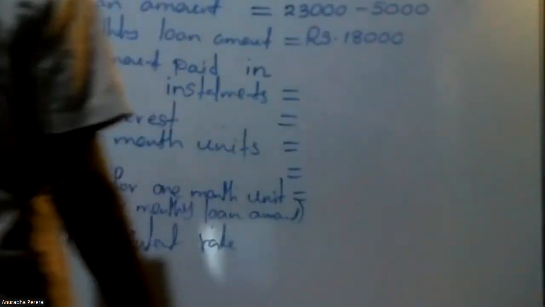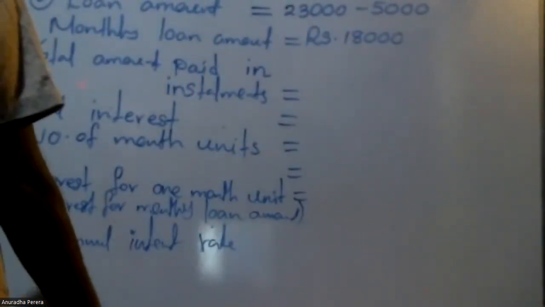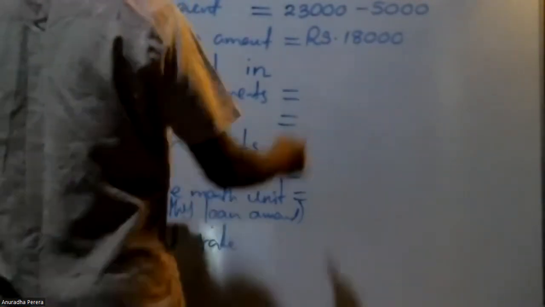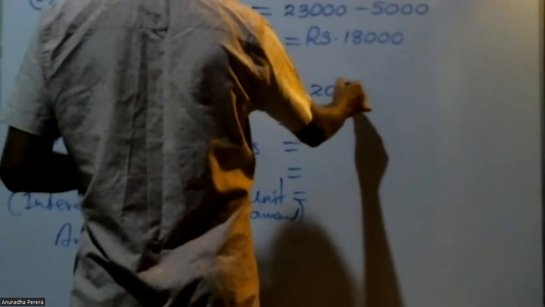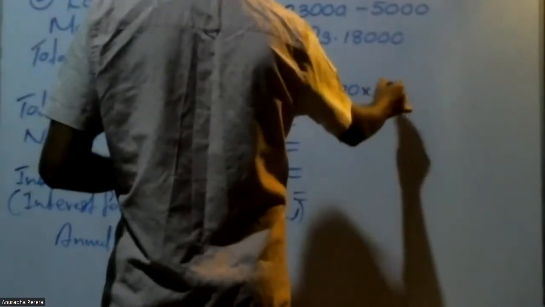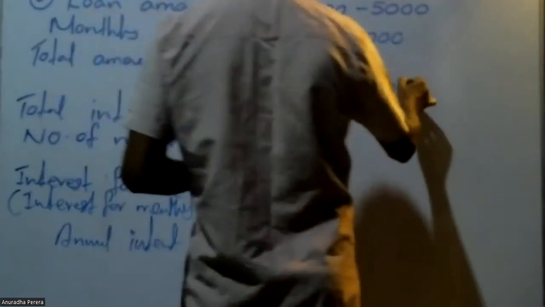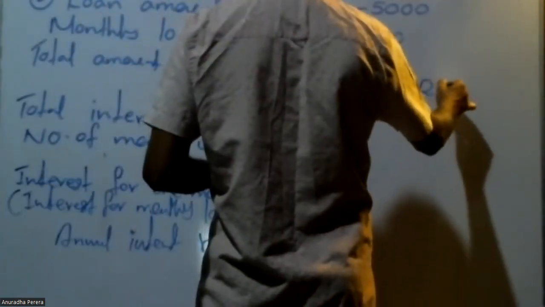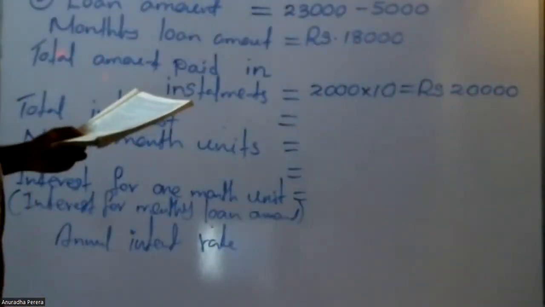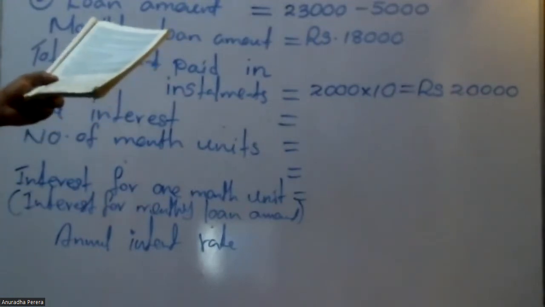Total amount paid in installments: the value of an installment is 2,000 into 10, which is 20,000. Yes, 2,000 into 10.